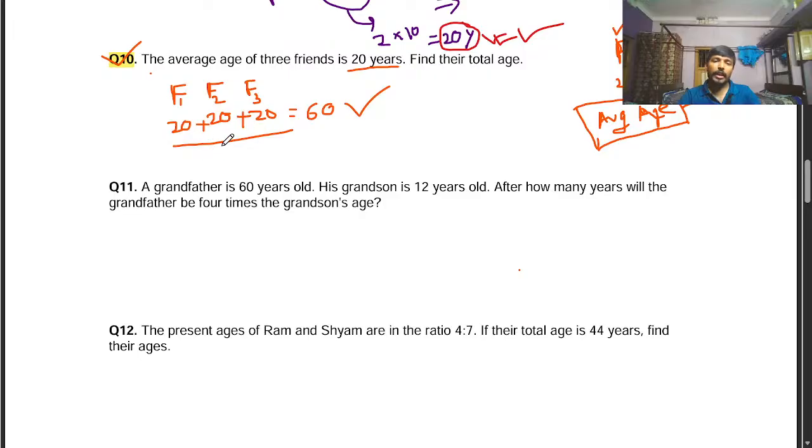This is the concept of average. If we add this, we get 60. So their total age will be 60 years. Okay, understood?